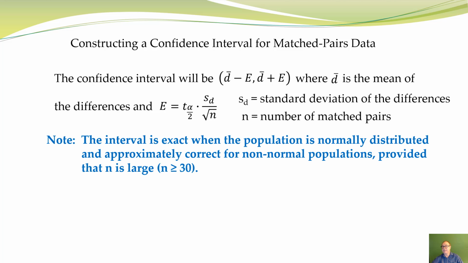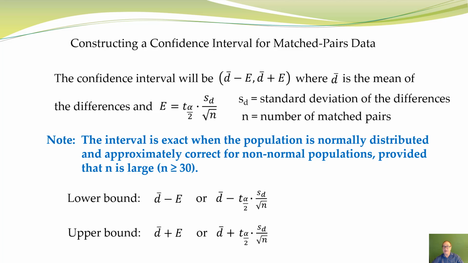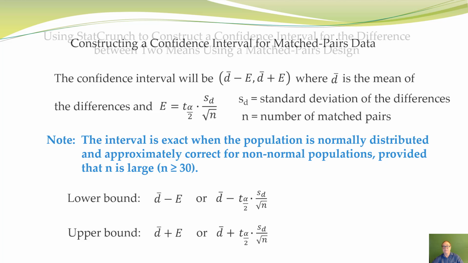The interval is exact when the population is normally distributed and approximately correct for a non-normal population provided that the sample size is large, greater than or equal to 30. Lower bound will be d bar minus E. Upper bound would be d bar plus E. And of course you could write that as d bar minus the critical t-value times the standard deviation of the differences divided by the square root of n, and plus that. They can be written either way.